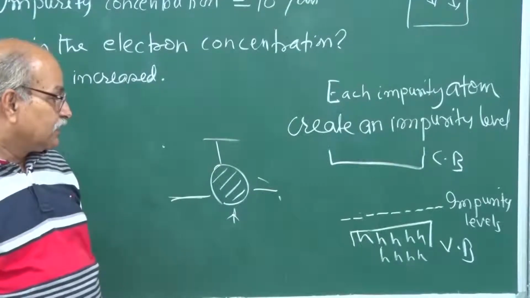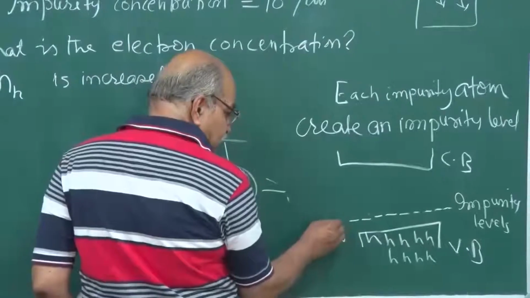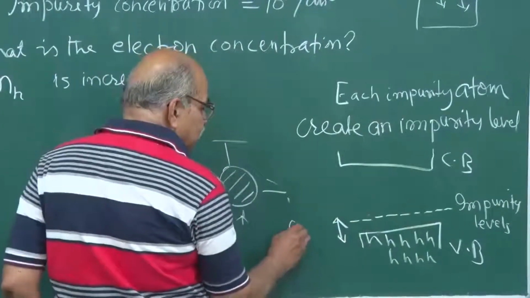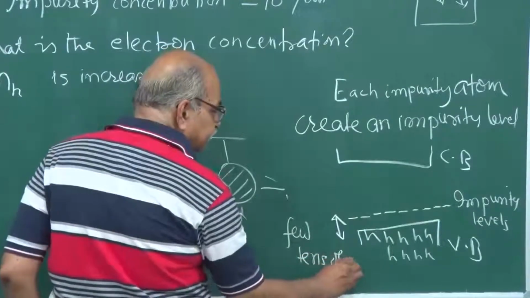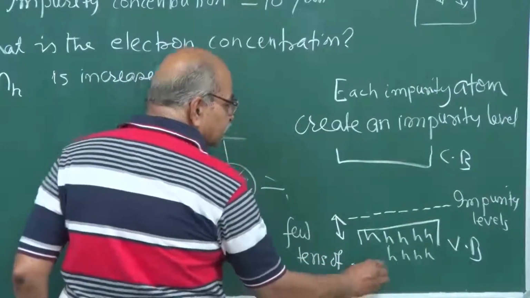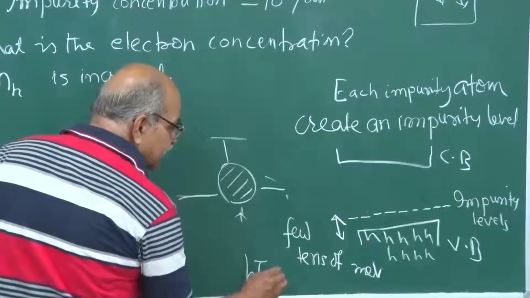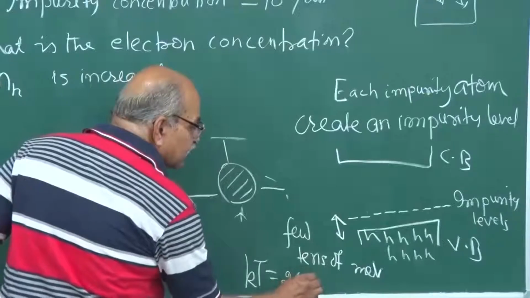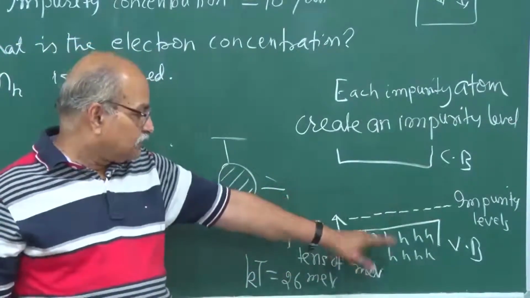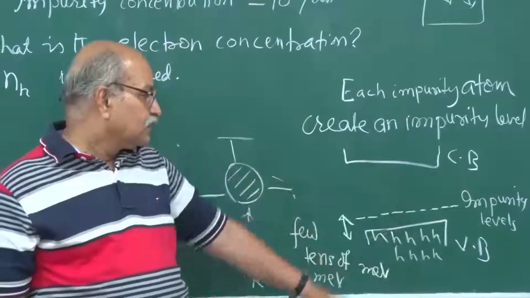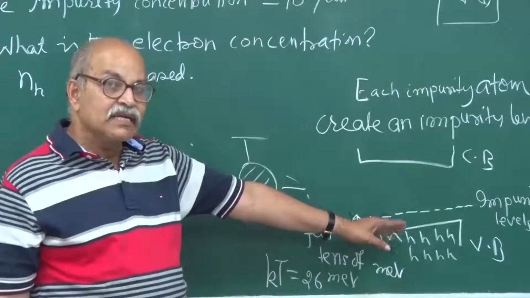But this ionization is very quick, because this difference is small. This difference is only a few tenths of a milli electron volt, and kT itself, K times T, at room temperature is 26 meV. So quite often the electrons will fill that gap and holes will be created here.